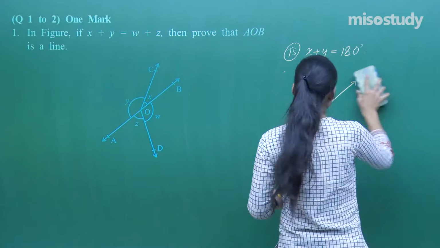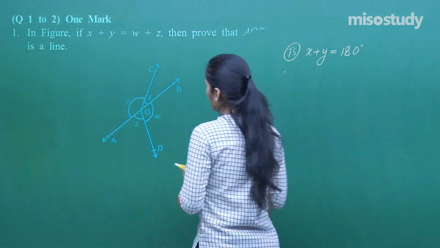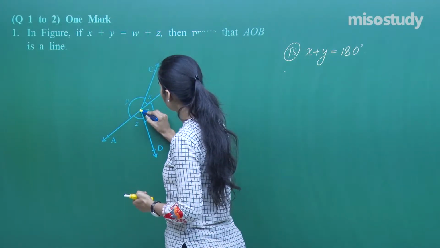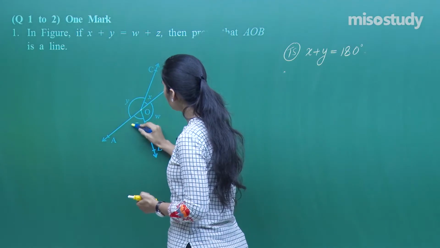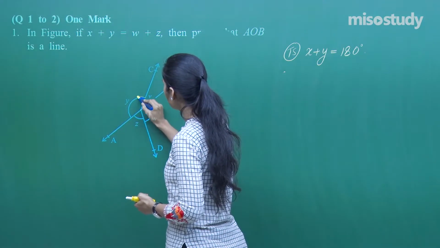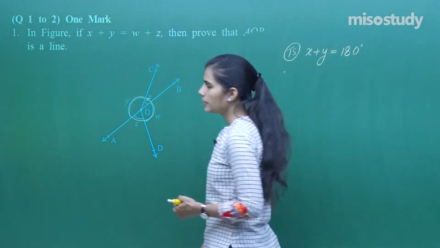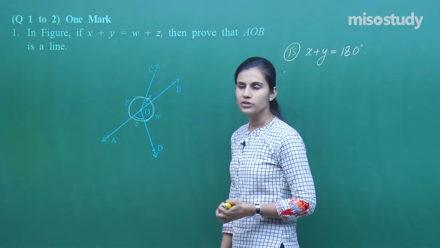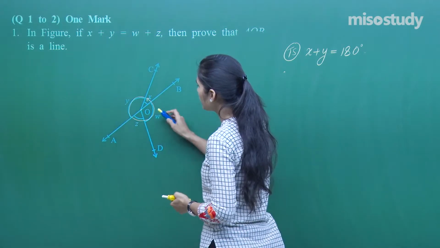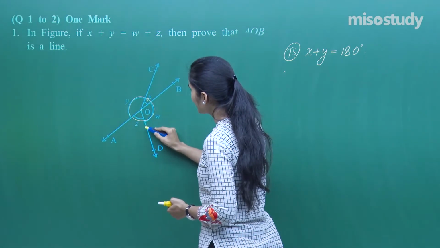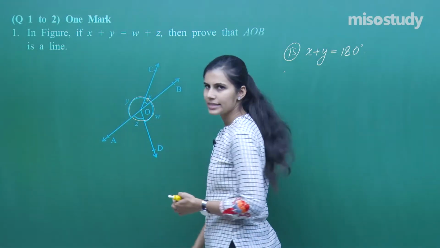If I compare this concept to the diagram given to me, then I can say this complete angle is angle at a point. If I say begin from here, move till here, then this complete angle is angle at a point which is 360, and this complete angle will be what? Y plus z plus this angle plus x.